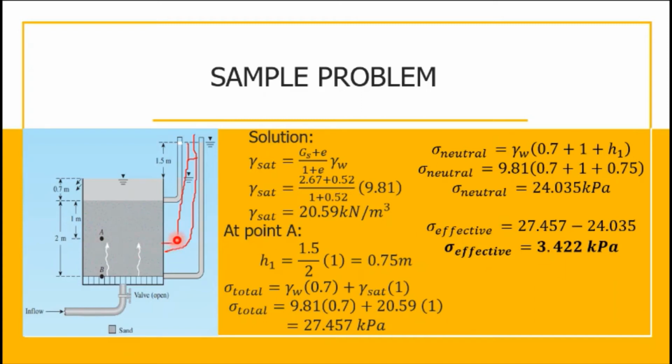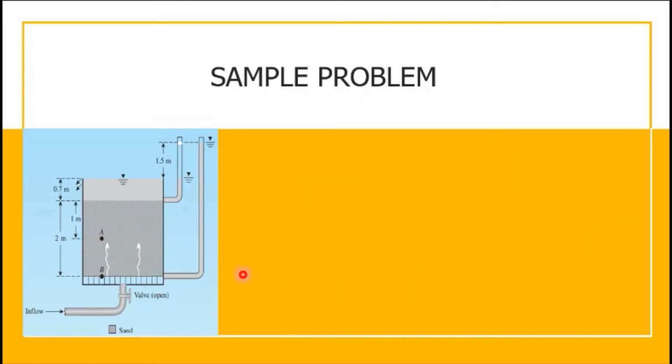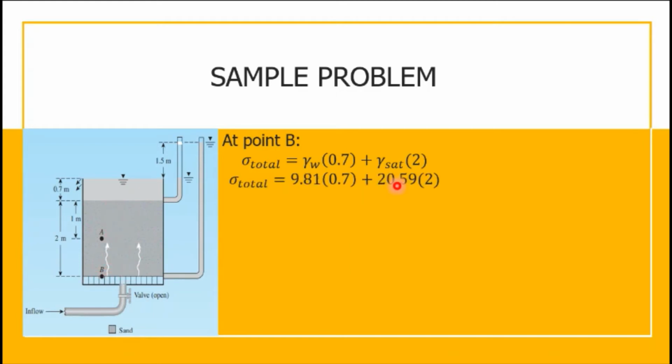To solve for the effective stress at point B, we need to solve for the total stress. Again, the total stress is equal to the unit weight of water multiplied by 0.7 plus the saturated unit weight multiplied by 2. So this will be 9.81 multiplied by 0.7 plus 20.59 times 2.